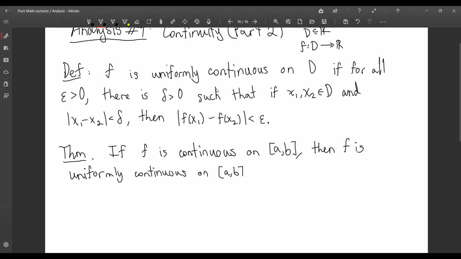And in fact, this result holds for compact sets, right? Compact domains.